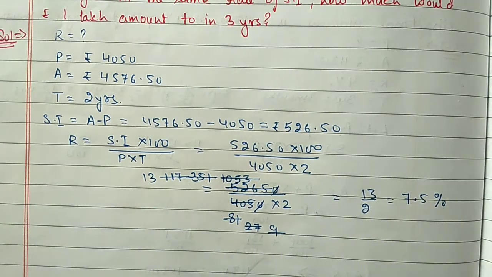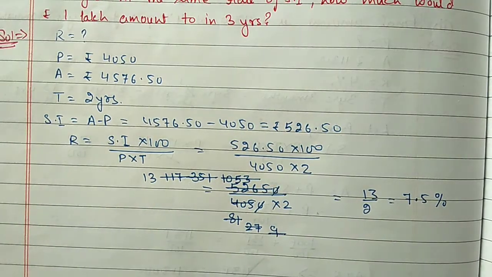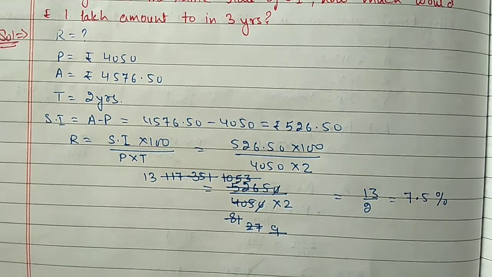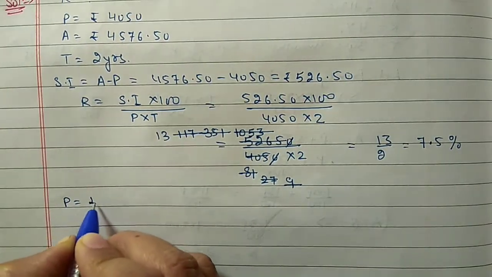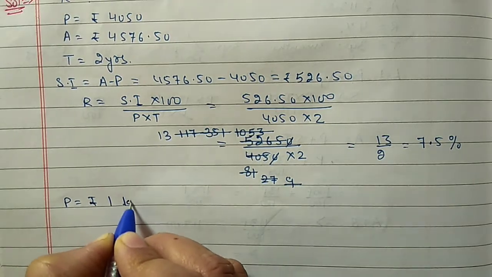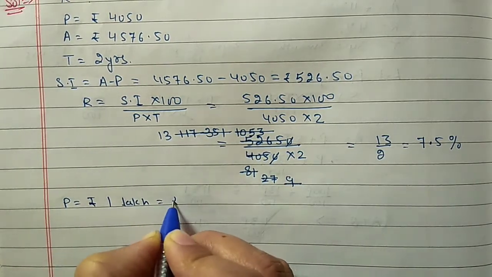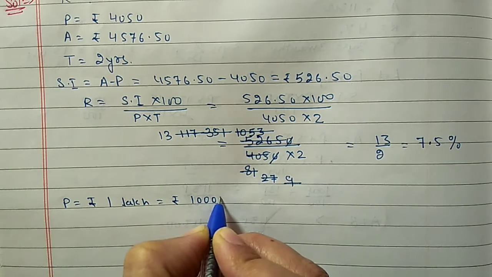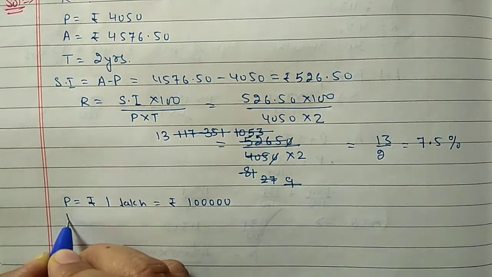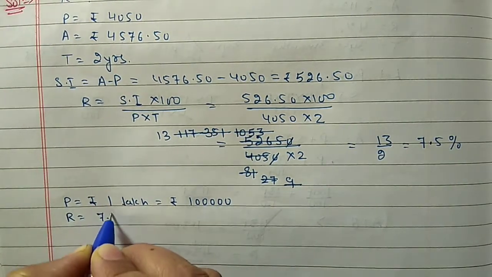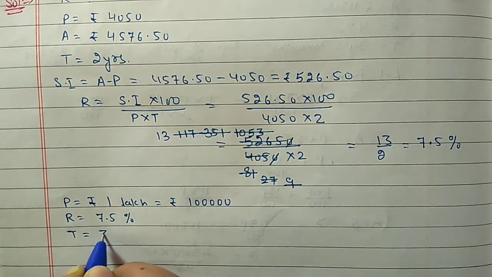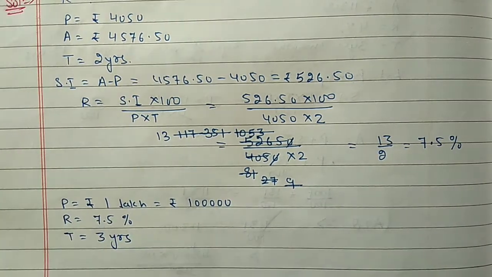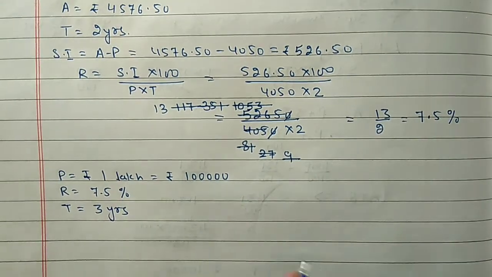Now with this rate of interest we have to find out the amount for 1 lakh rupees. So second part, principal money is given 1 lakh. 1 lakh means after 1 we have to put 5 zeros. And rate of interest just now we have calculated 7.5% and time is given 3 years. So first we will calculate the simple interest.